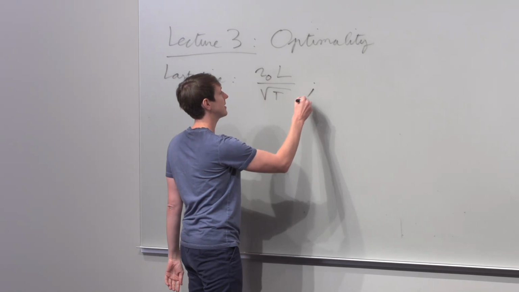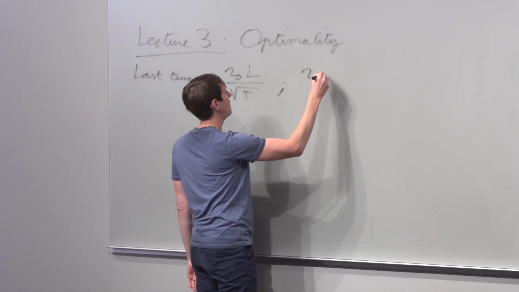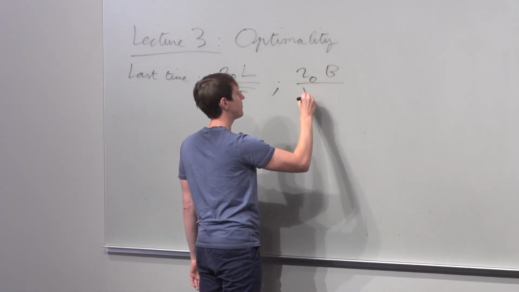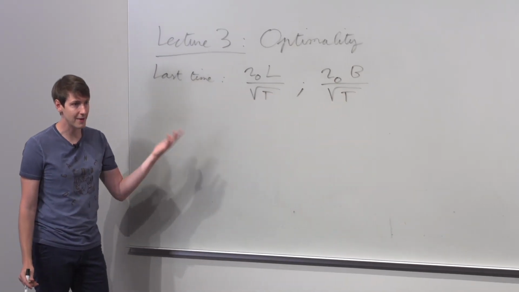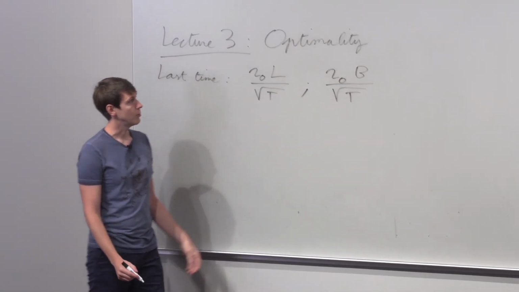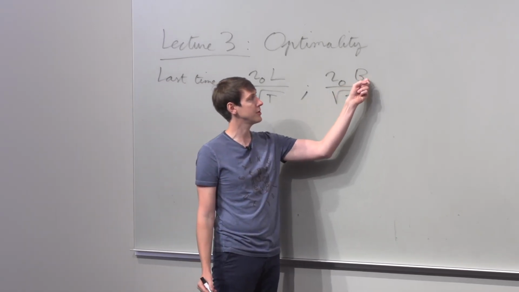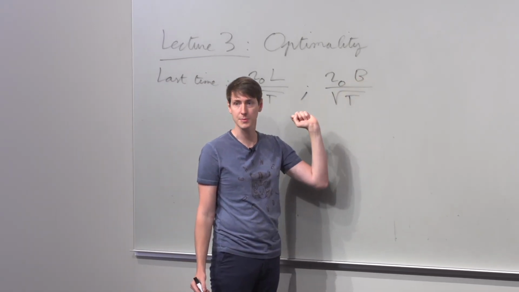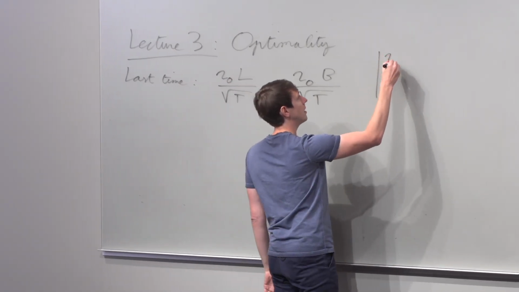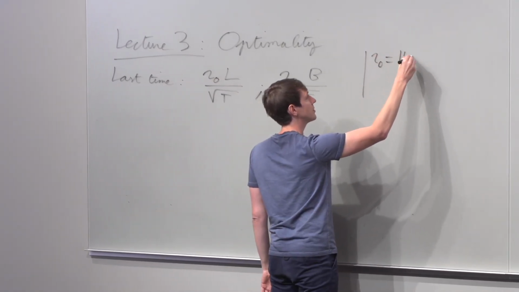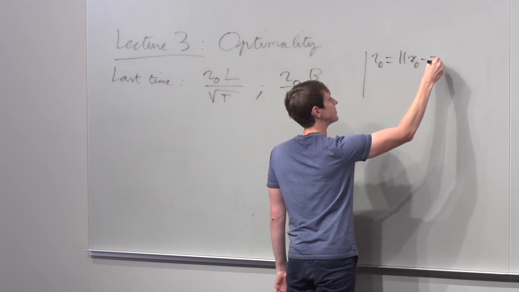And the other rate that I had was R0 B over square root t. So this was gradient descent with random gradients, where the norm squared of the random gradients was bounded in expectation. Remember the parameters: R0 is your distance to opt at the start.